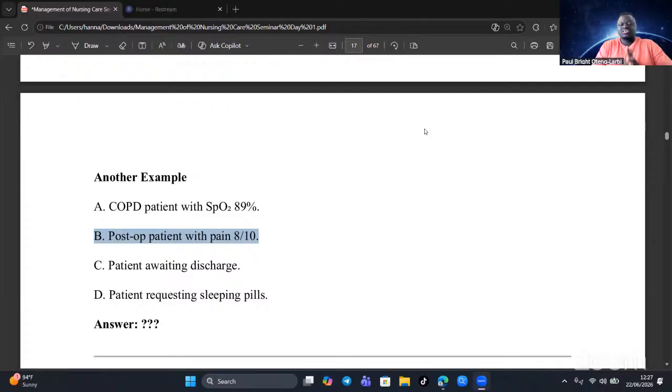COPD patient with saturation 89. Post-op patient with pain 8/10. Patient awaiting discharge and patient requesting sleeping pill. Which of them will you choose? B. B, sir.